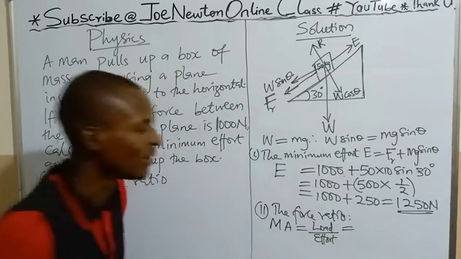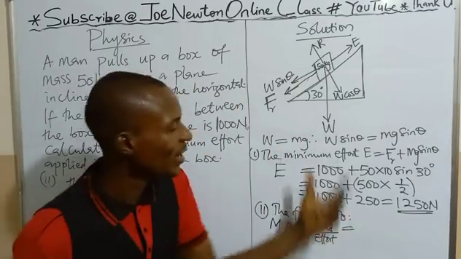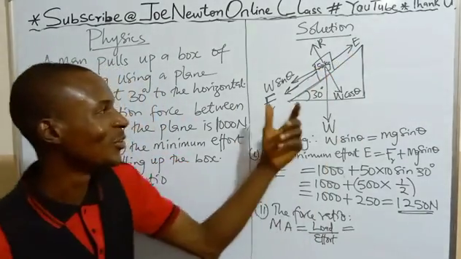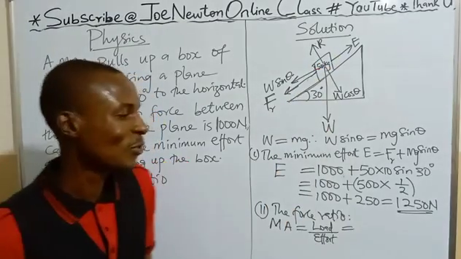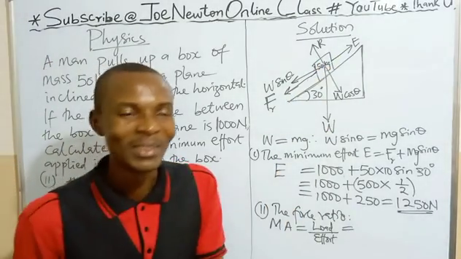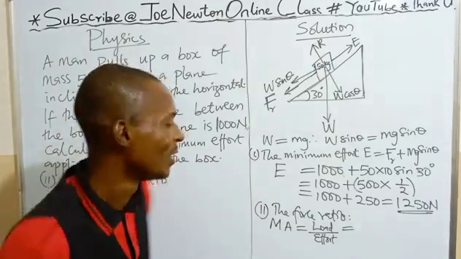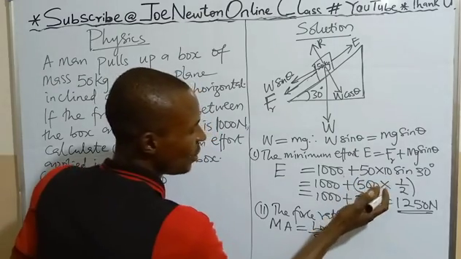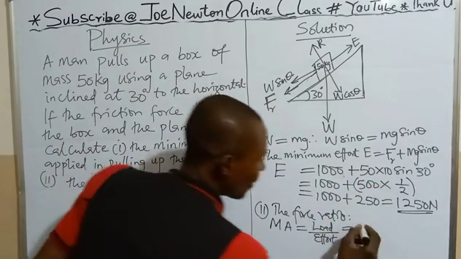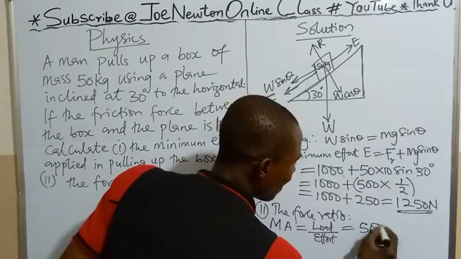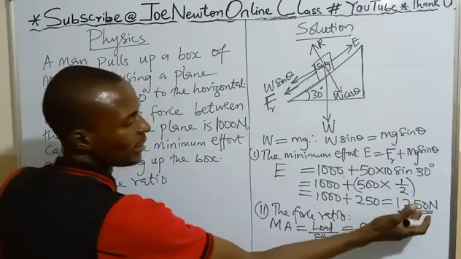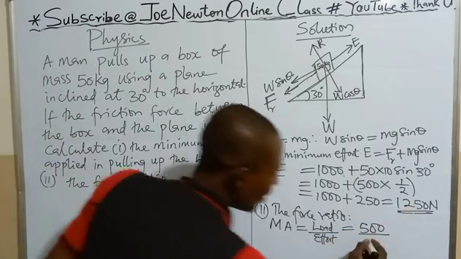What is our load here? In the question, our load is that box, and that load is given in kilogram. We have to convert it to Newton, that is, in the form of weight. So the load is 50 times 10, which is 500, over our effort, which we obtained to be 1250.